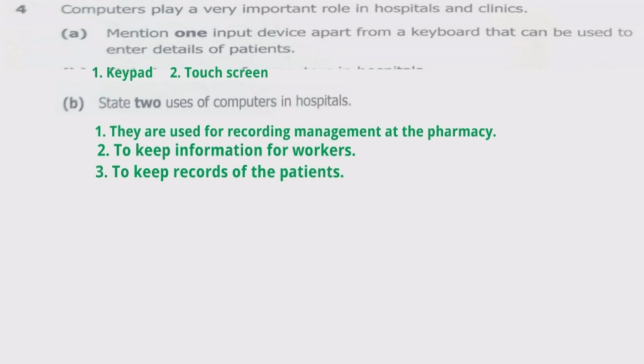Your name is given to the person handling the computer, and he has the information there. That is how computers in the hospital are used to store or record the information of the patient.